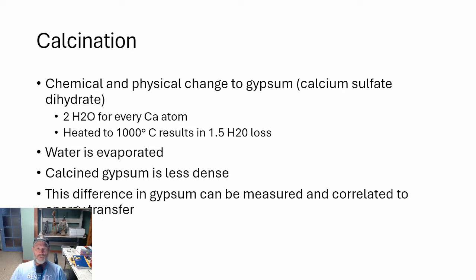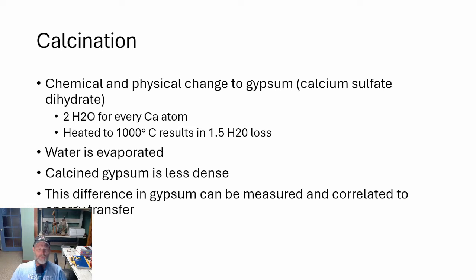And when you heat up gypsum to 100 degrees Celsius, it results in a loss of 1.5 moles of your water. And there's both a dihydrate and anhydrate version combined in gypsum. You lose the other 0.5 mole in this process as well.